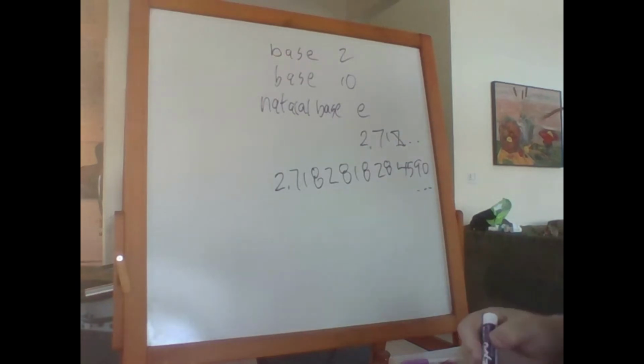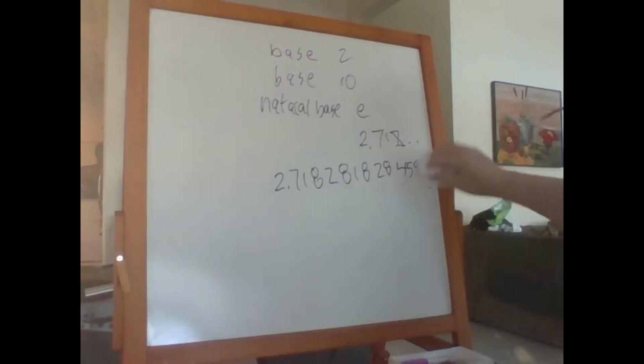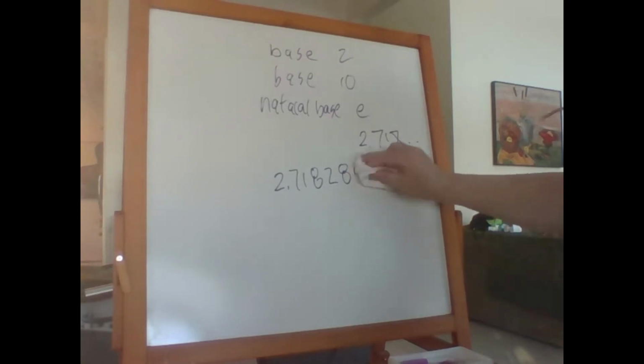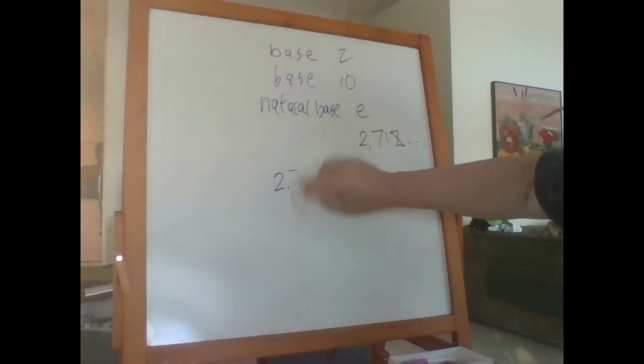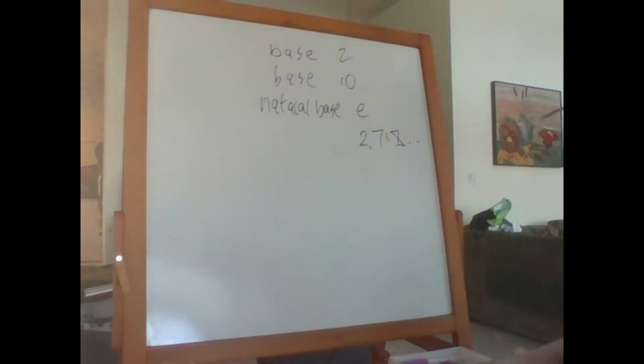It goes on forever. It's a non-repeating, never-ending decimal. It's like pi. It's like the Fibonacci, like the golden ratio, and it just goes on forever.